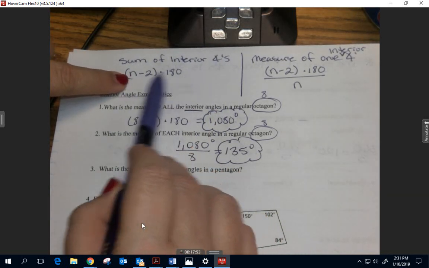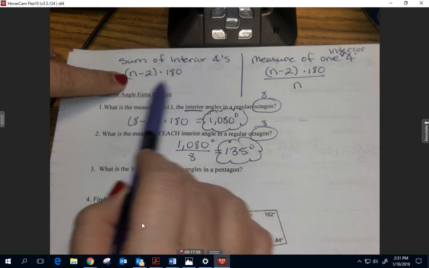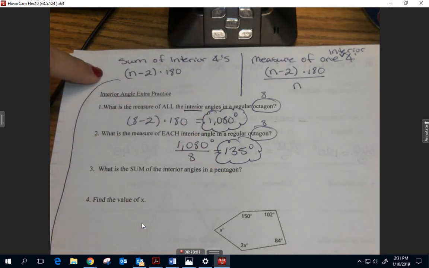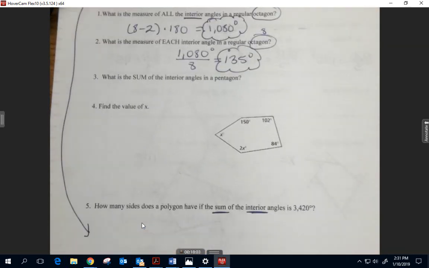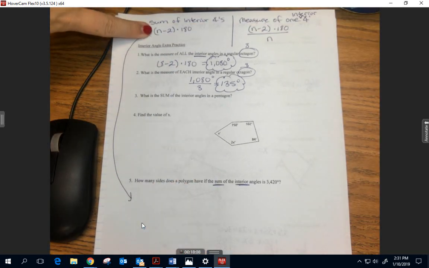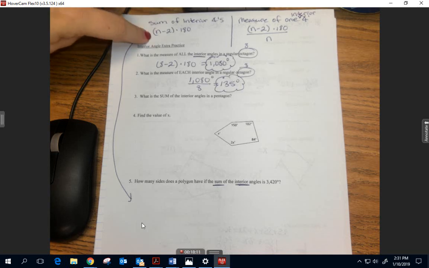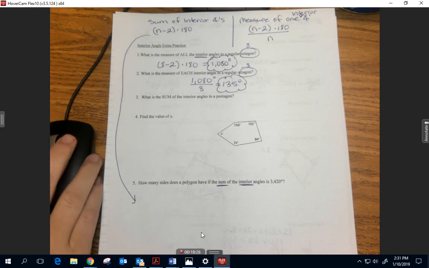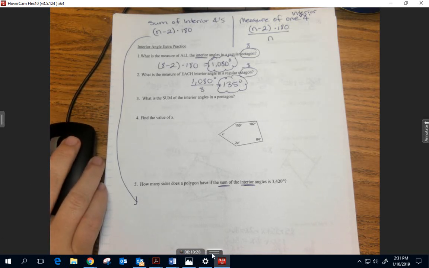We already know what this is going to equal, right? So you can use that and solve. You're going to use this expression at the bottom for number 5. I'll zoom out so you can see what I just did. I want you to try to do it on your own because you'll remember it that way. If I tell you how to do it, you're going to forget when you get the quiz. Okay? All right. Good luck.